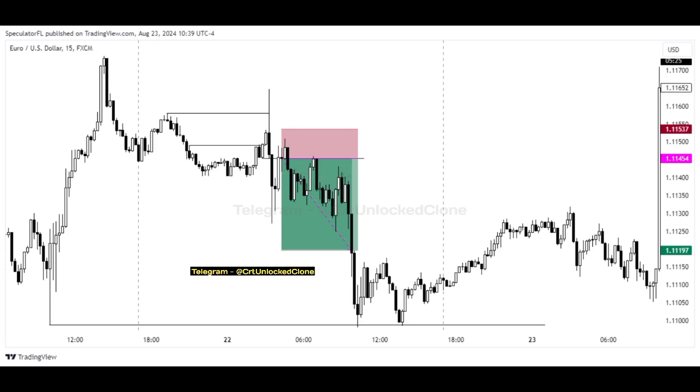And then I waited for a purge and a normal protraction profile on the 15-minute time frame, and I waited for a 4-hour candle's high to be taken before I could take an entry.